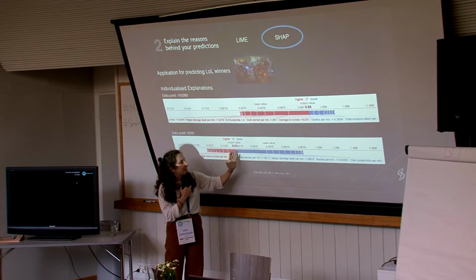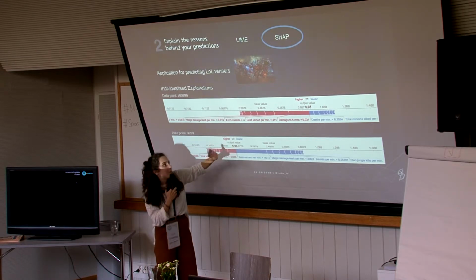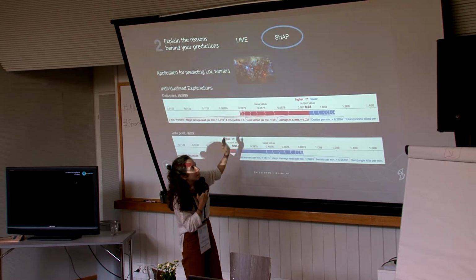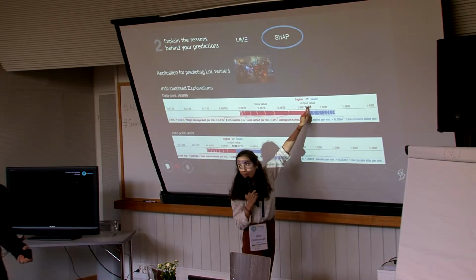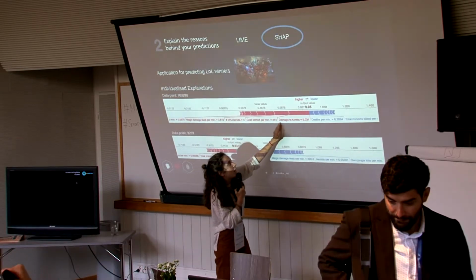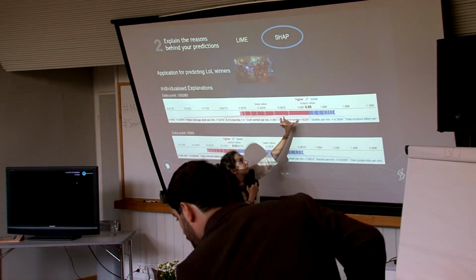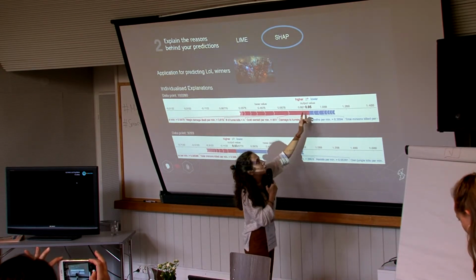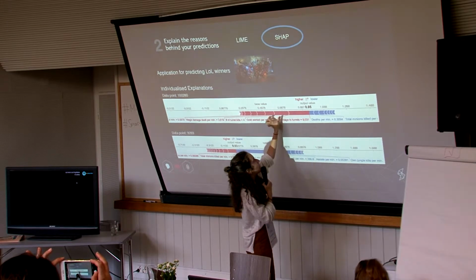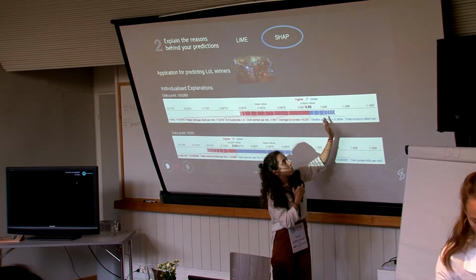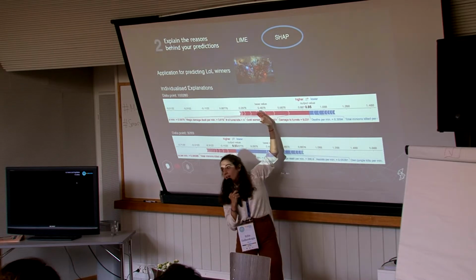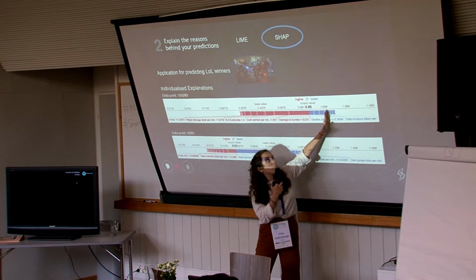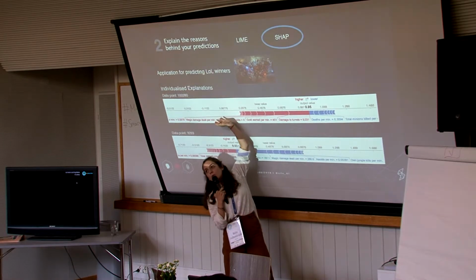With SHAP, basically it shows why I came up with this number. The red ones show the effects that moved my model to this number with this magnitude. And the blue ones affected it negatively and made my prediction move more to the 0 side, closer to 0.